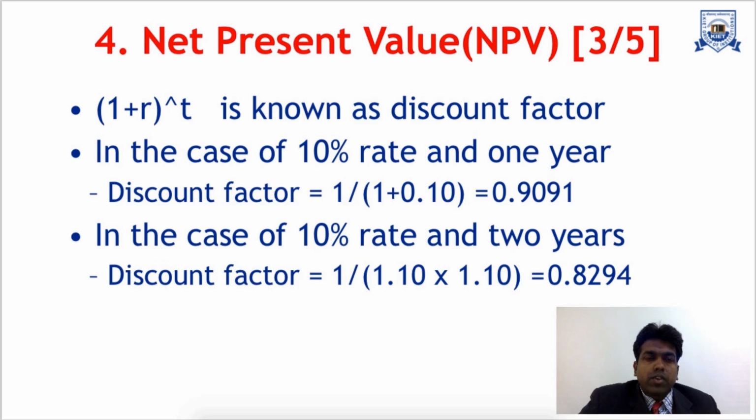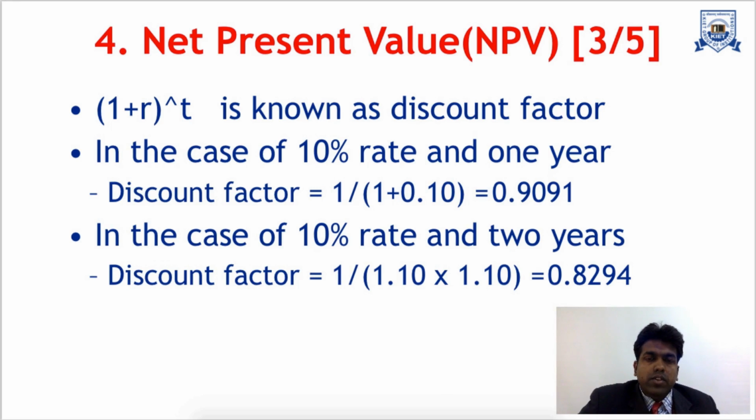So the discount factor will be equivalent to 1 divided by 1 plus r, and that rate is 10%, so 10 divided by 100, that is 0.10, and it is calculated for the first year, that means power 1. So we'll get this value.